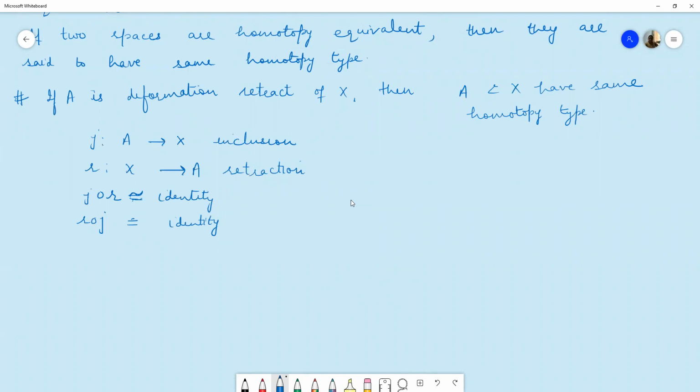Now in this lecture, we will prove that two spaces having the same homotopy type have isomorphic fundamental groups. So firstly, we will study what happens whenever we have a homotopy between two continuous maps of X into Y such that the base point of X does not remain fixed during the homotopy.